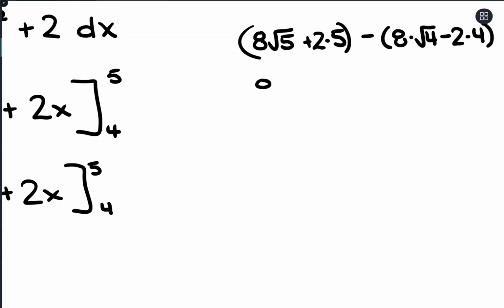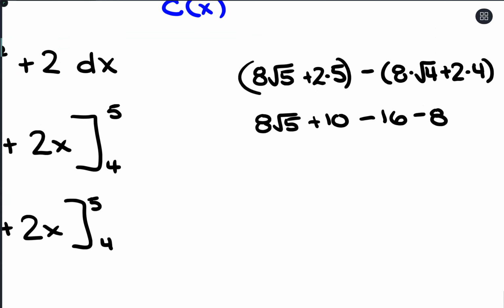So let's see, this will be 8 square root of 5 plus 10 minus 8 times 2, so minus 16, minus 8. And we could just throw that into a calculator because we want a cost here, and that should be $3.89. So our units are dollars.